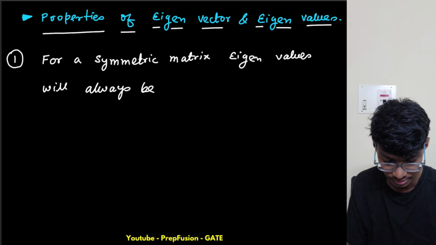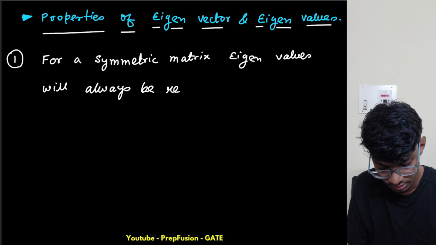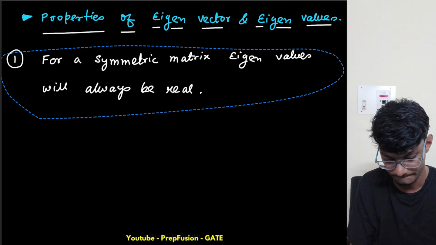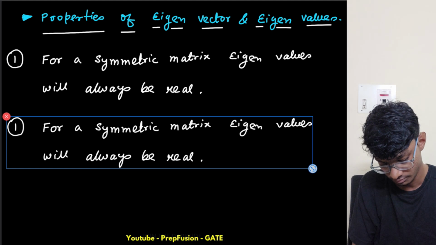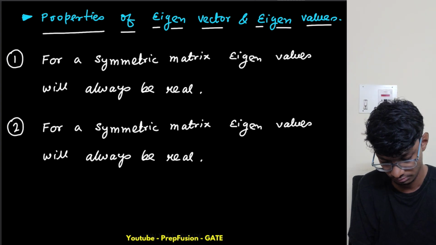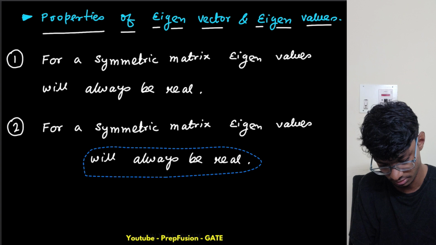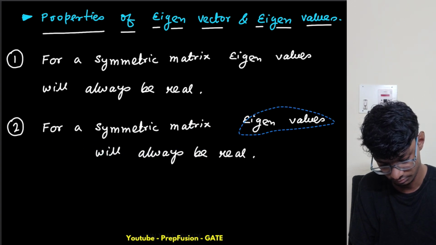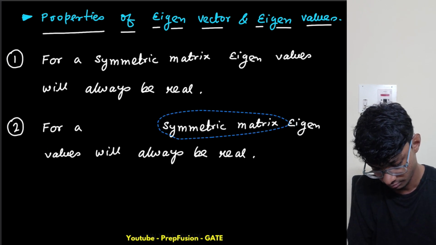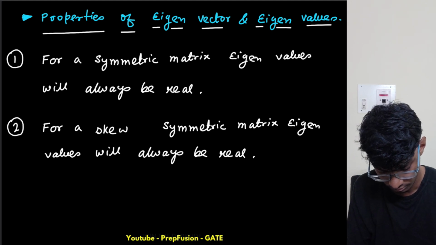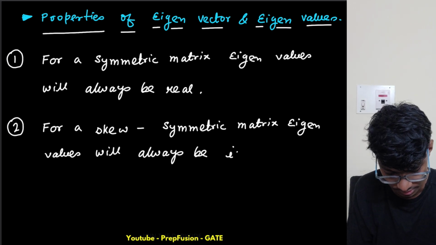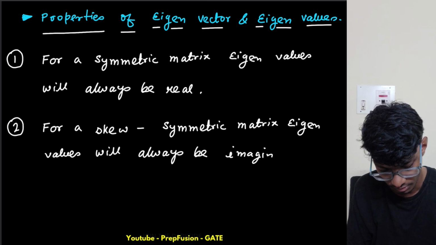Now the converse of this: for a skew symmetric matrix the eigenvalues will always be complex, or you can say imaginary. This is the second property.